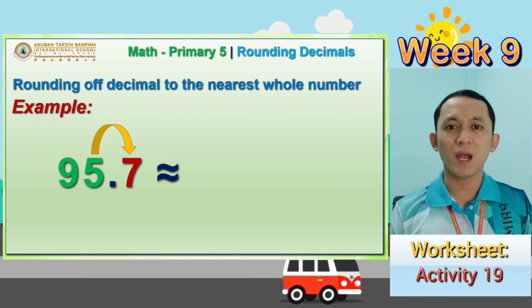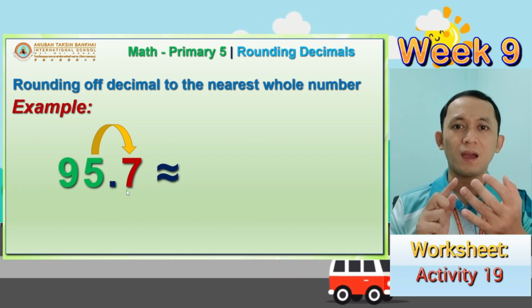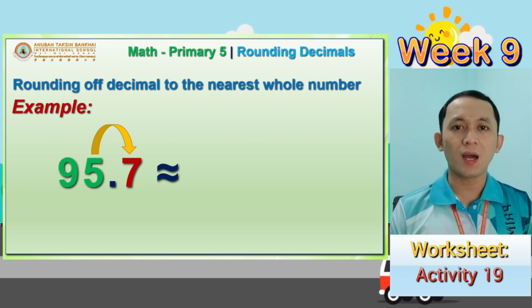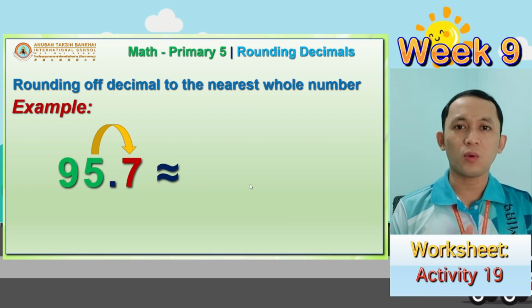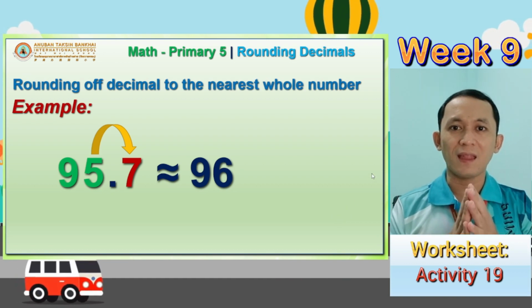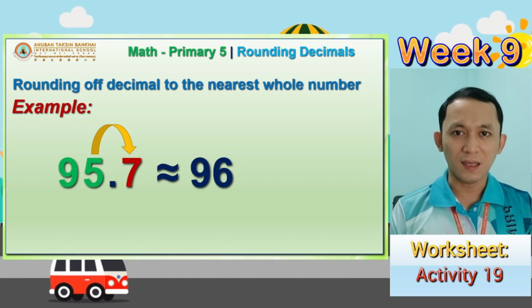We are going to round up. Why? Our digit is 7. Again, 5, 6, 7, 8, 9. We're going to round up. So therefore, 95.7 is approximately equal to 96. It's just like adding 95 plus 1, we have 96.